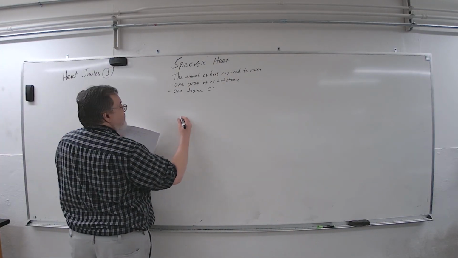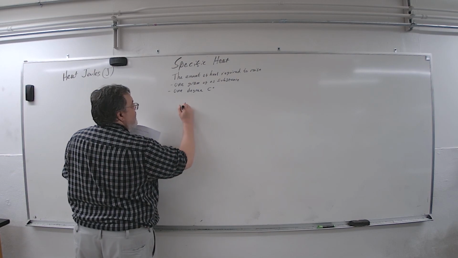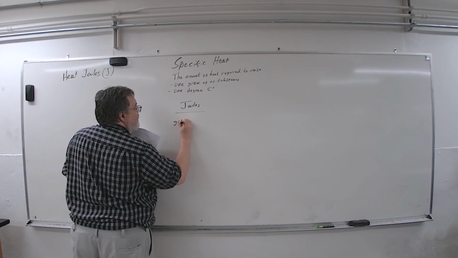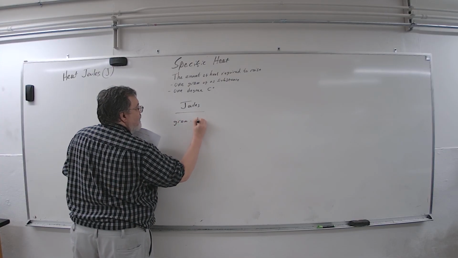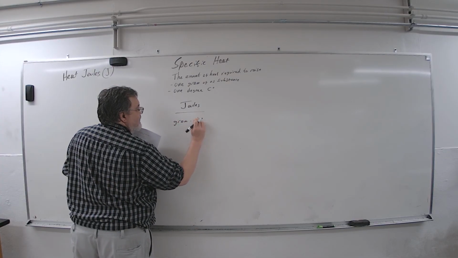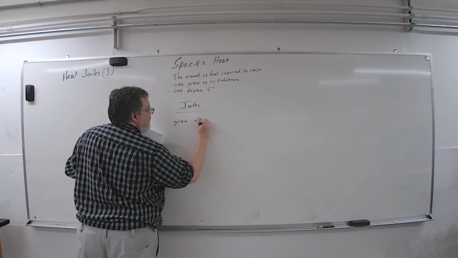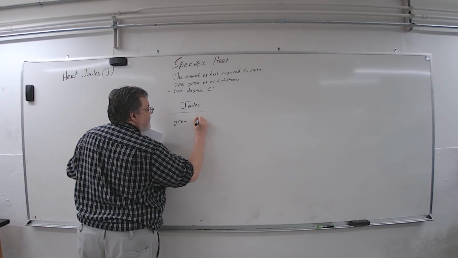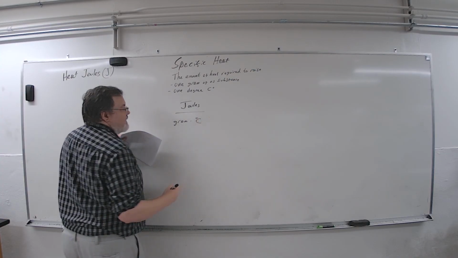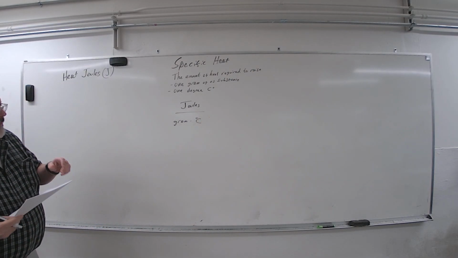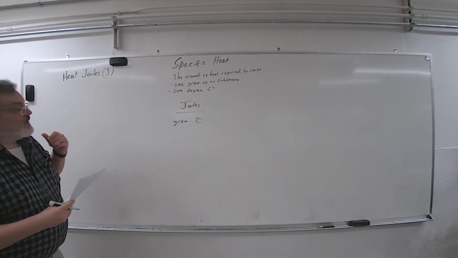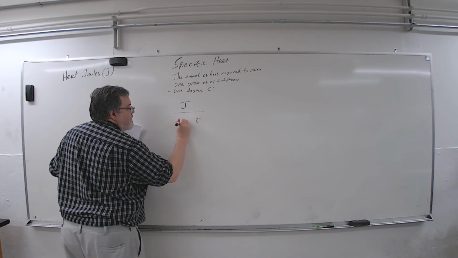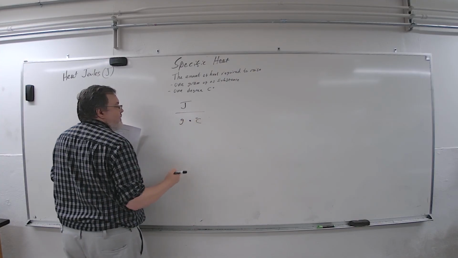And the units for it, joules per gram per degree C. Usually I just go J, G, degree C. When there's 2 units together, we put a dot there.